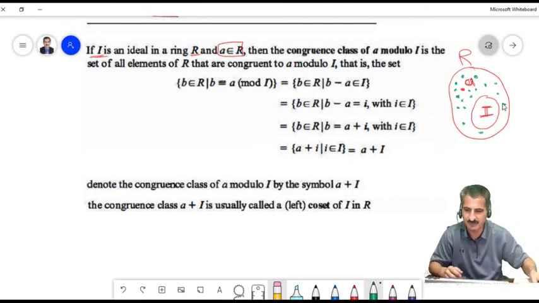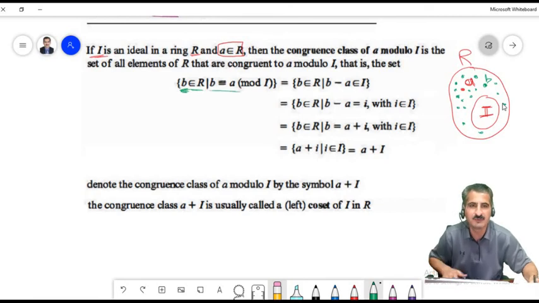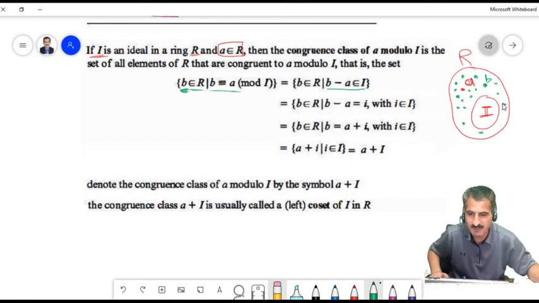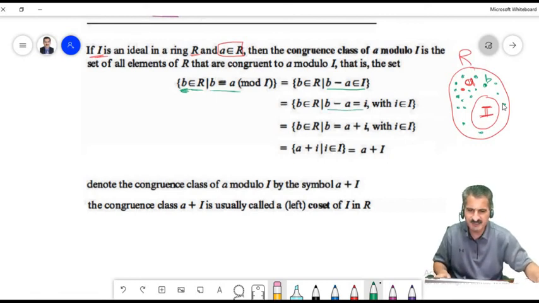Okay, so let's do it. Call each one of these green elements B. Collect all elements B in R such that B is congruent to A modulo I. But that means B minus A belongs to I. That means B minus A equals a small i for some small i in the ideal, and that means B equals A plus i.